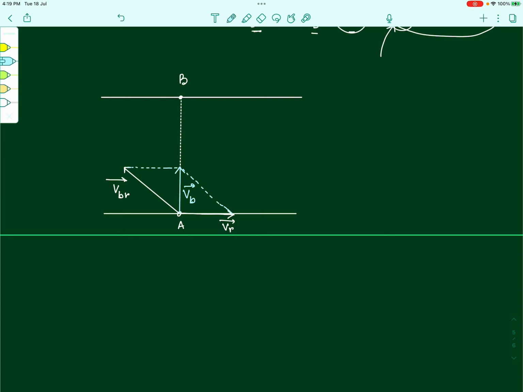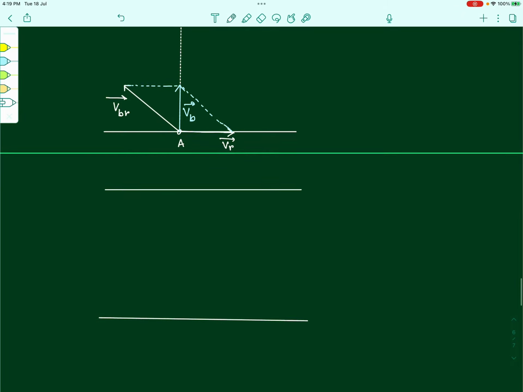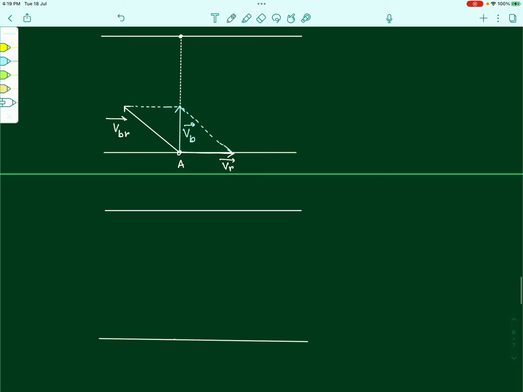So what the boatsman will do is he will try to move in the direction which is like making a certain angle. Let us get another figure here. So considering this point as A and the exact opposite point here as the point B. Okay, fine.